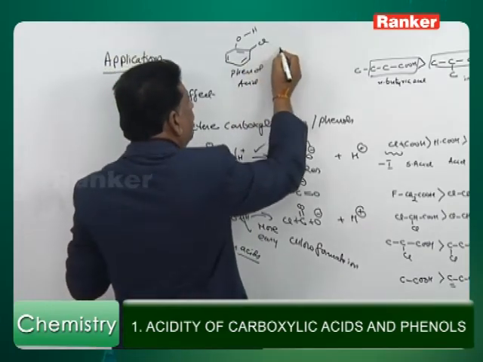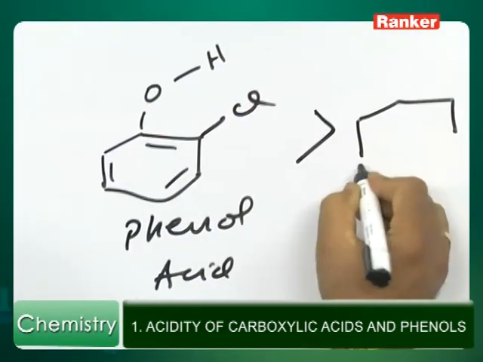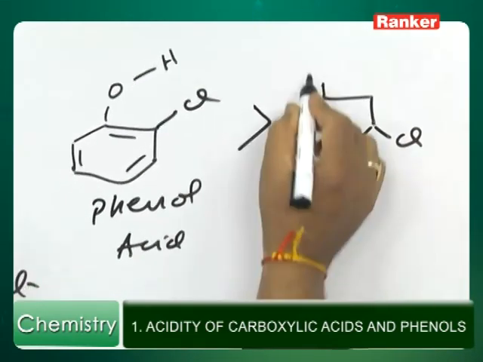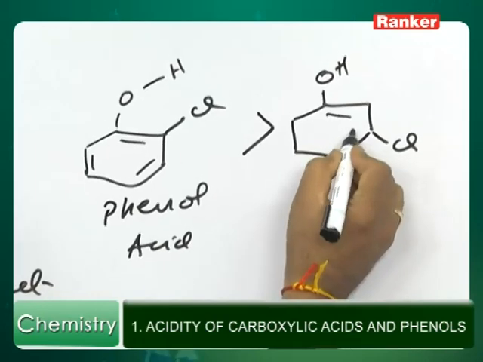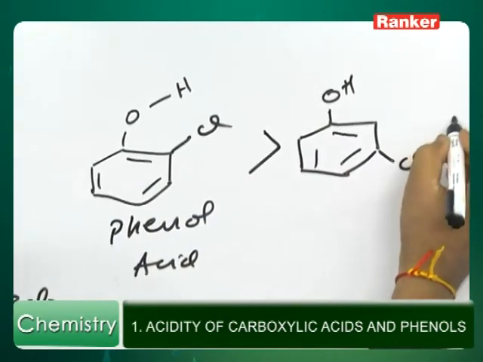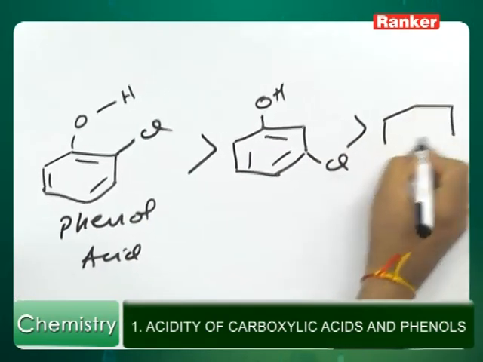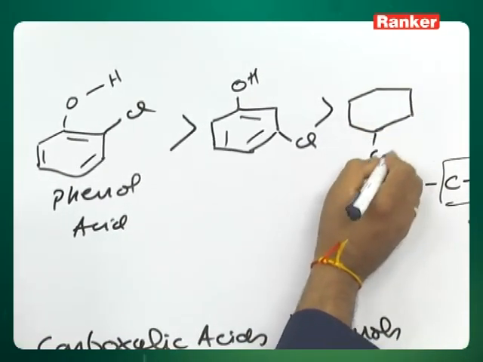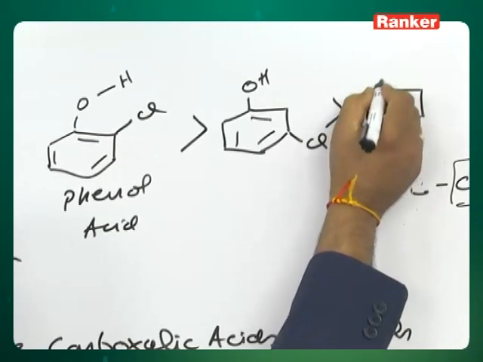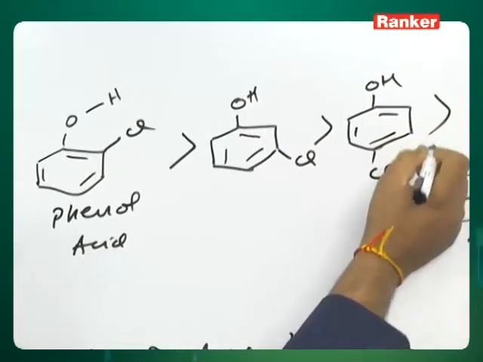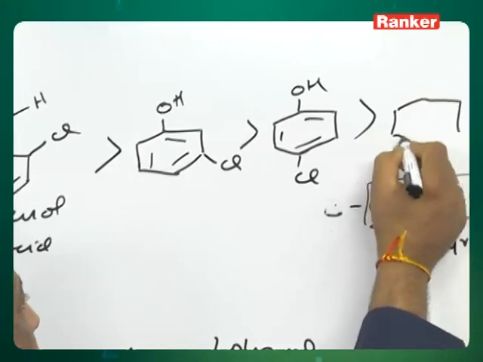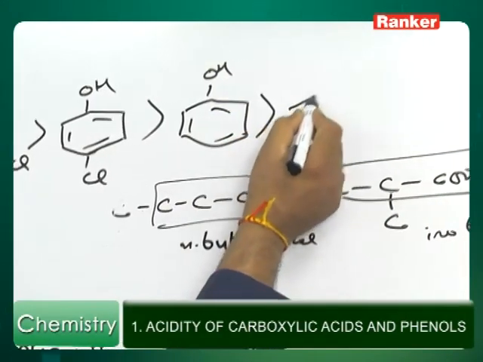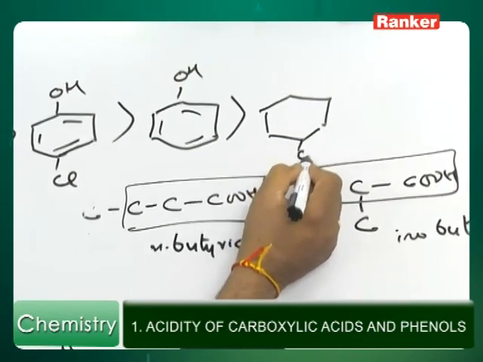But the ortho chlorophenol is stronger than the one with chlorine attached at the third position. Orthochlorophenol is stronger than metachlorophenol, and metachlorophenol is stronger than parachlorophenol, which is stronger than ordinary phenol, and which is stronger than any alkyl group bearing phenol, like let us say a CH3 group.